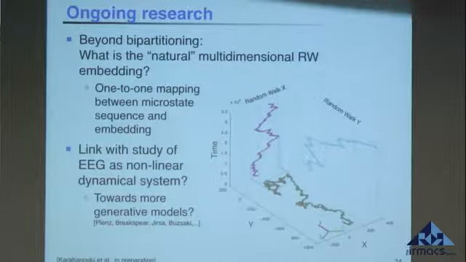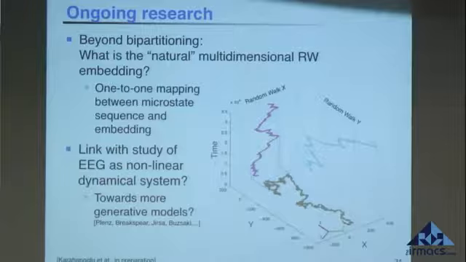We would like to go into a multidimensional random walk embedding, which provides a one-to-one mapping between your random walk and the EEG microstate sequence. To do so, we will use equiangular frames, which allow a very nice multidimensional representation of a microstate sequence, which is a one-to-one mapping.